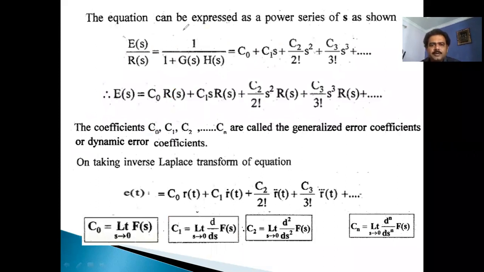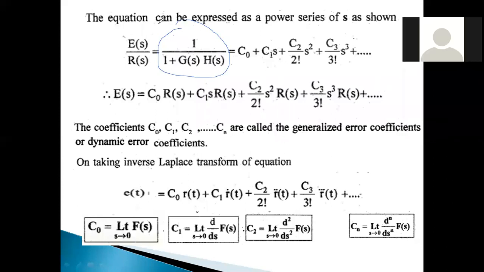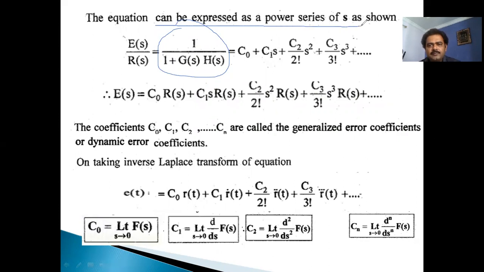If we take this expression, it has some numerator polynomial and denominator. If we apply the long division method, or it can be expressed as a power series of S, finally you will get an expression like this.